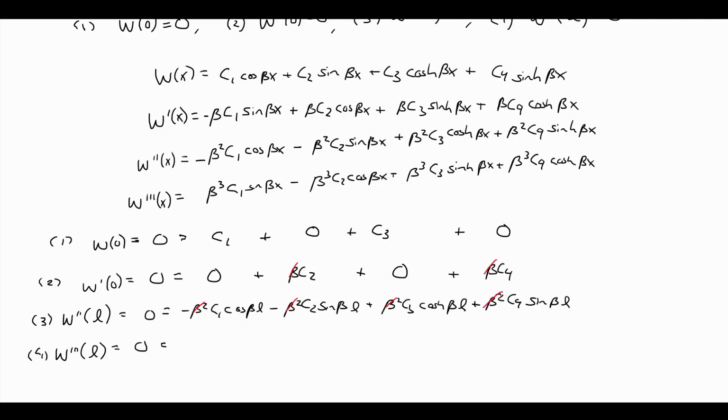Using my triple prime equation, beta cubed c1 sine beta L minus beta cubed c2 cosine beta L plus beta cubed c3 sinh beta L plus beta cubed c4 cosh beta L. And like the other ones, it's homogeneous. I can divide through by this beta cubed and simplify this a little bit.